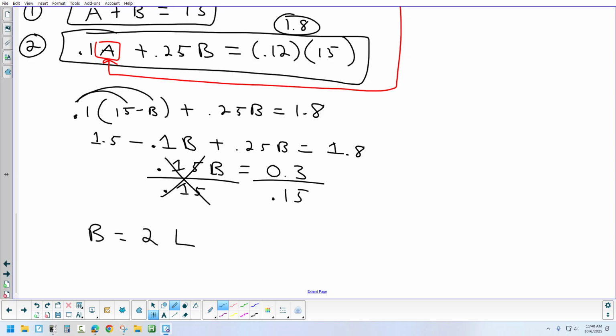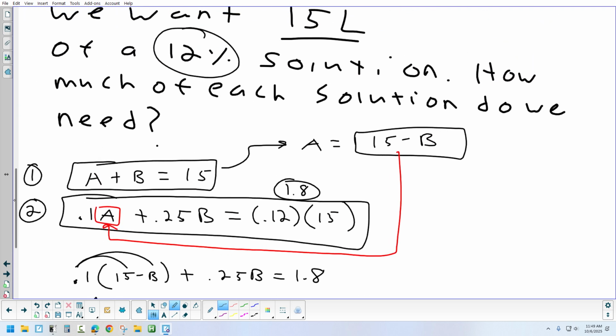So we need 2 liters of solution A. How many liters would I need? I'm sorry, 2 liters of solution B. How many liters of solution A? 13, because it had to total 15.